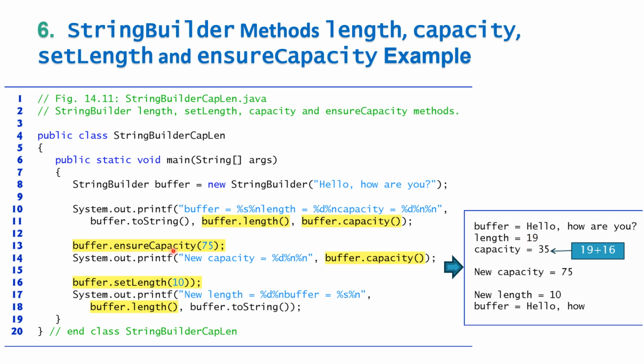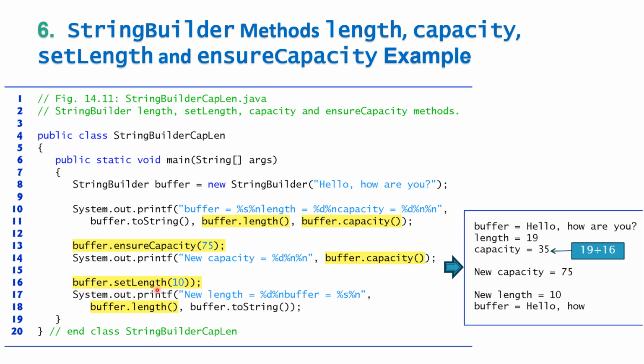And then the program calls the ensureCapacity method on the buffer object, passing 75 as the argument. So this method call will change the capacity of buffer from 35 to 95. And then the program calls the setLength method on the buffer object, passing the number 10 as the argument.